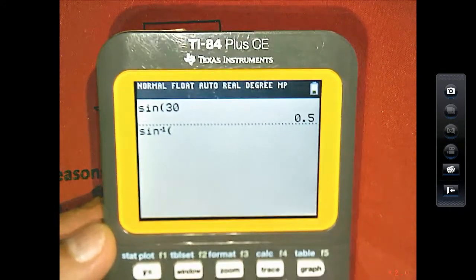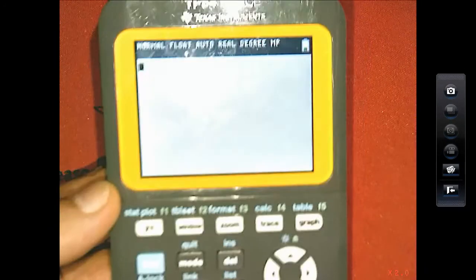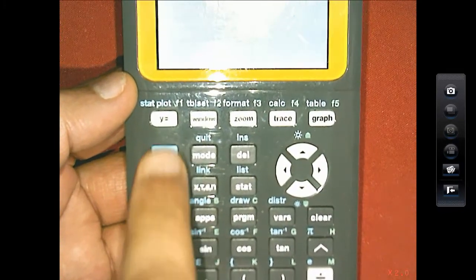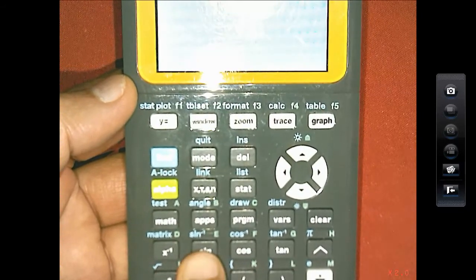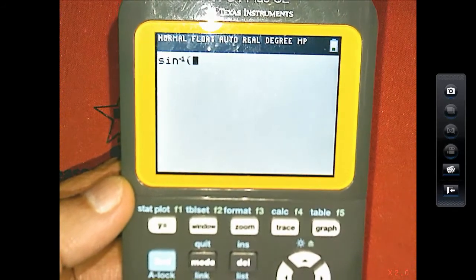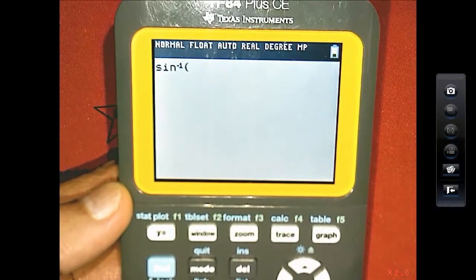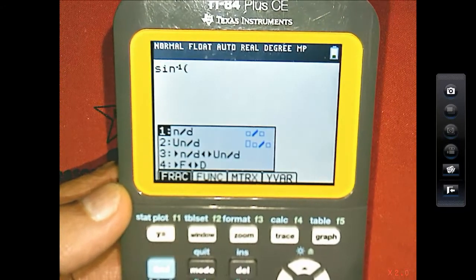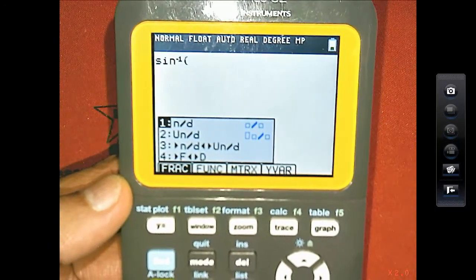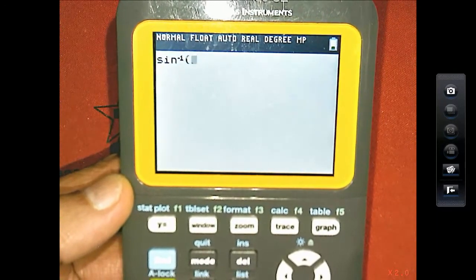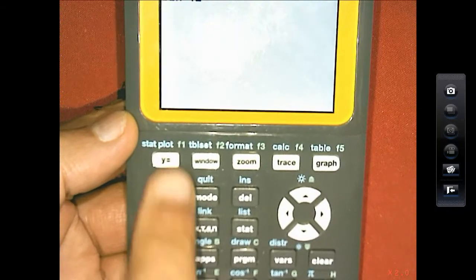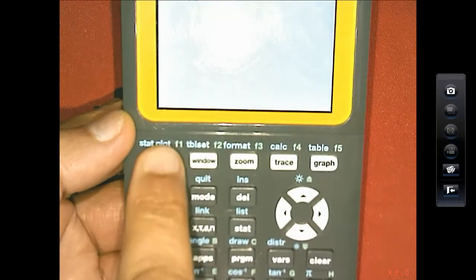Let me clear the screen and show once again. You have to go to second on the calculator, and then sine. When you click that, sine with exponent -1 appears. And I hope you know how to type the fraction. If you are not sure, I'm showing once again. You click on the alpha key, followed by y.